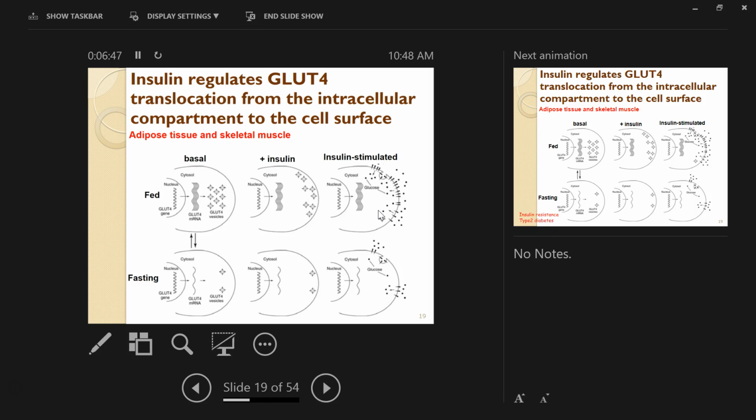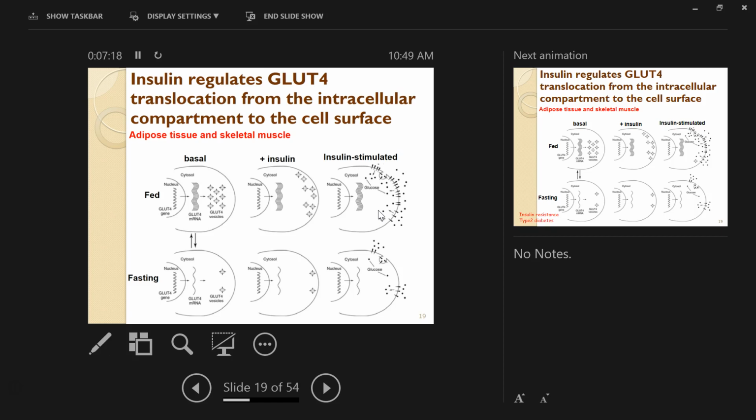This represents the cells, and these are the GLUT4 molecules or vesicles. Under the basal condition, when insulin levels are low, GLUT4 stays inside of cells.